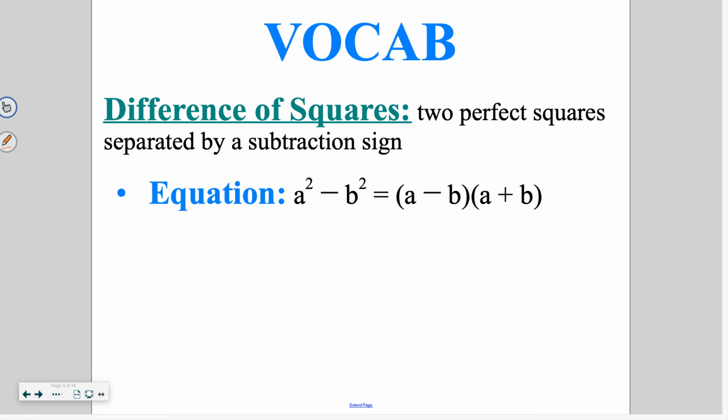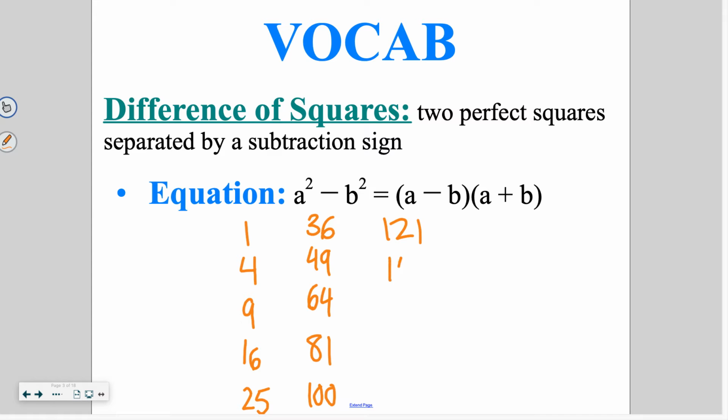A couple of things I want to remind you of: when I'm talking about a perfect square, I mean numbers that have an integer square root. So, for example, 1, 4, 9, 16, 25, 36, 49, 64, 81, 100, 121, 144.